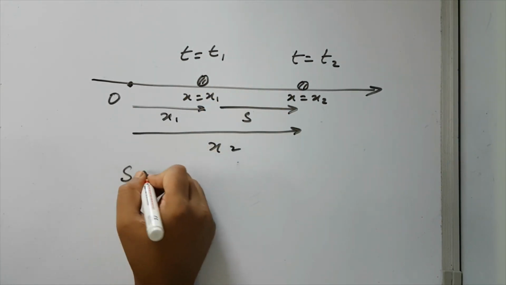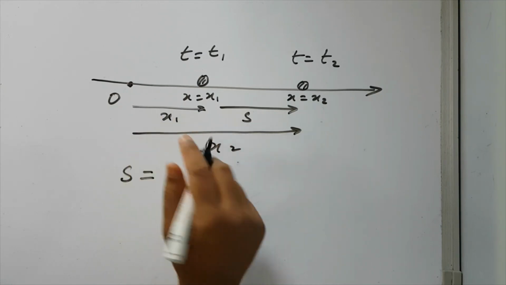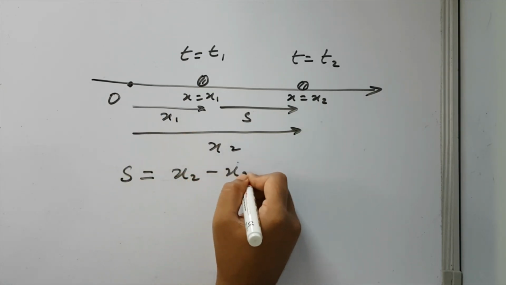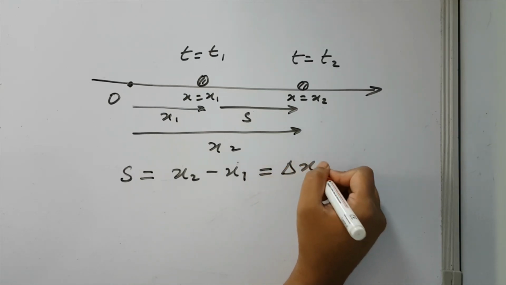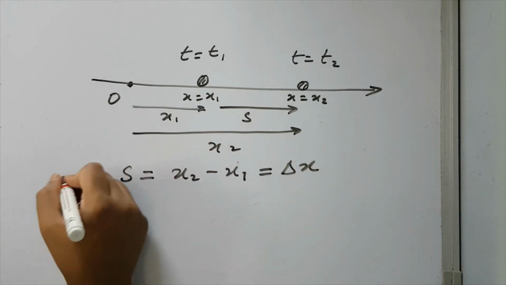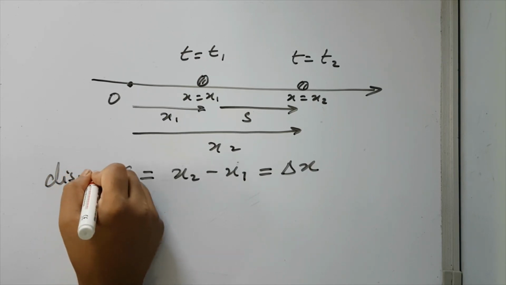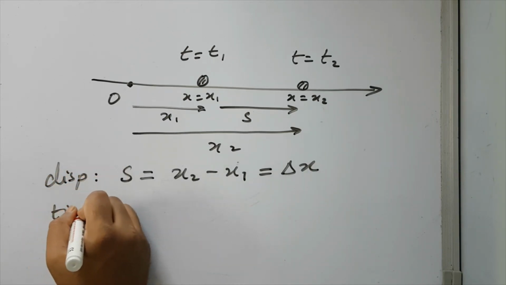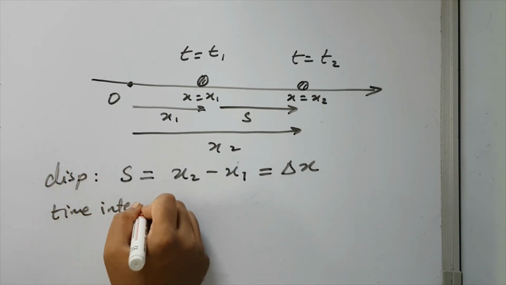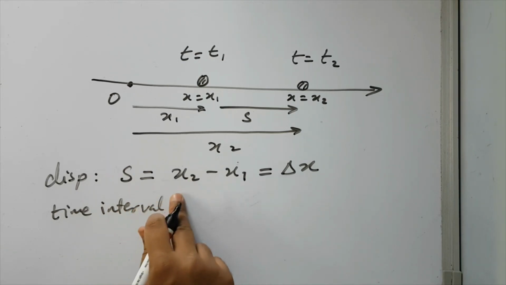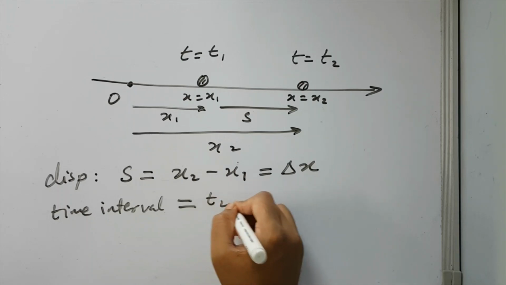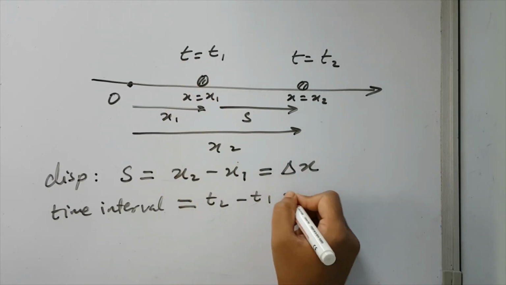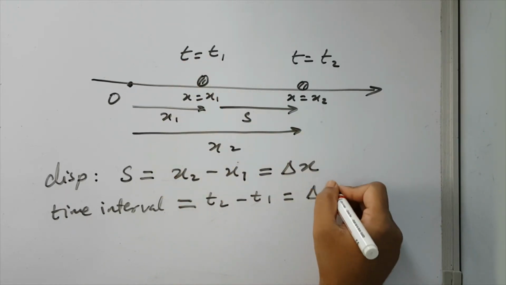what is s? S would be equal to x2 minus x1, so that is a change in x, so s is also written as delta x. Now this is the displacement. Now what about the time interval? Time interval would be final time t2 minus initial time t1, and that can be written as delta t.